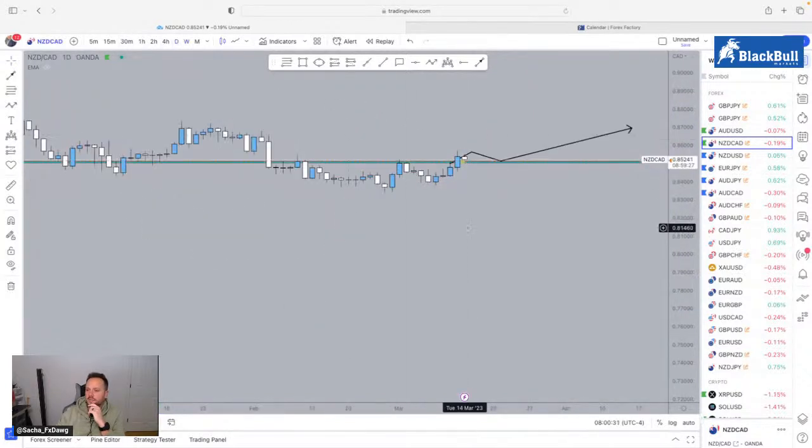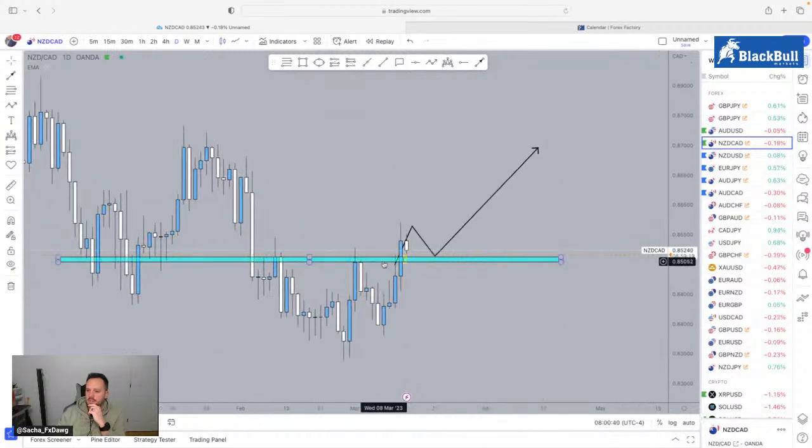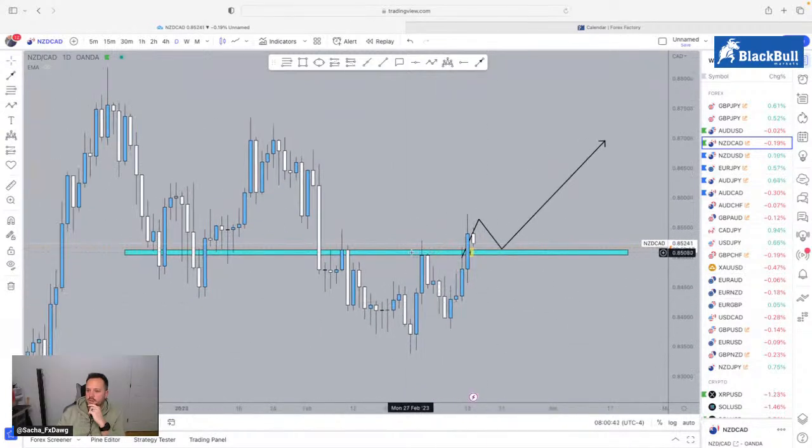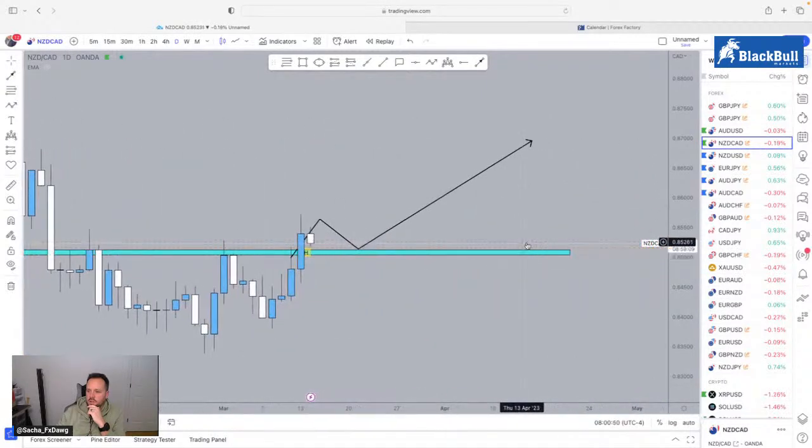Look at the daily. Daily now is bullish. We broke previous daily structure, which is also an area of interest. Look at this here: resistance, resistance, support right here, a pretty valid area, which is also the 85,000 major QP.